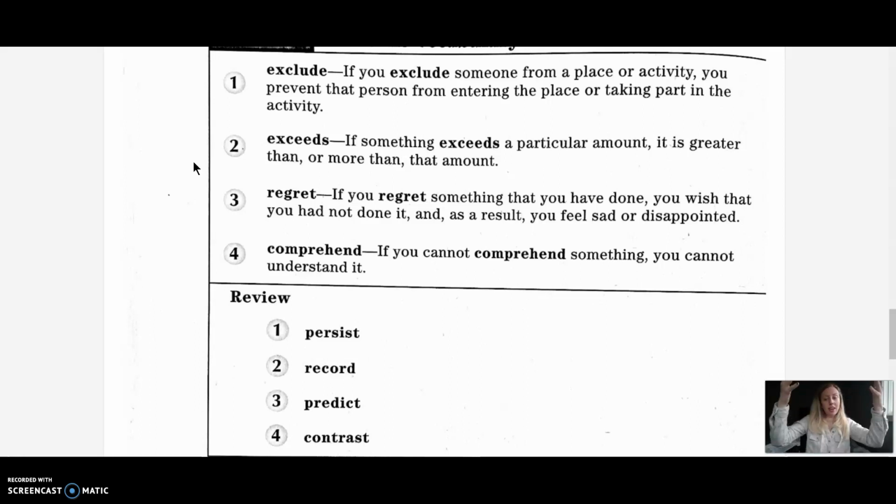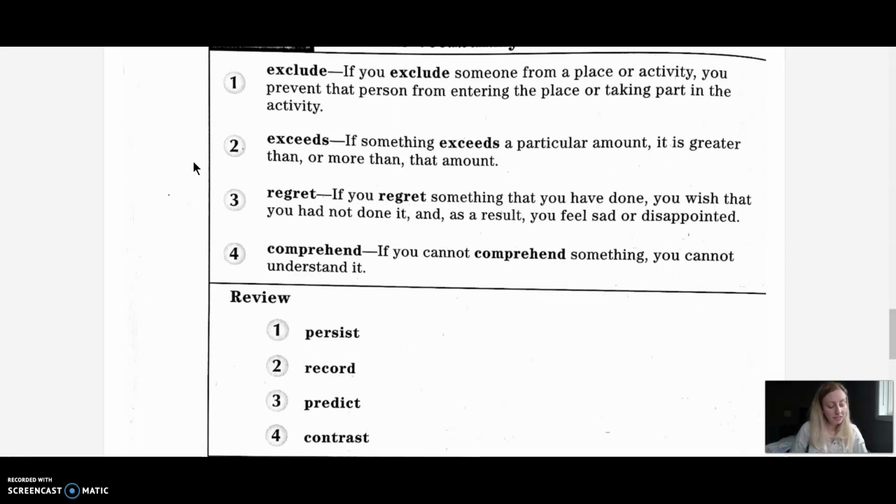It is greater than what is expected. So if a wrestler's weight exceeds 110 pounds, is the weight less than or more than 110 pounds? More than, right? If a driver's speed does not exceed the speed limit of 25 miles per hour, is the speed more or less than 25? It's less, right? It's not exceeding it.